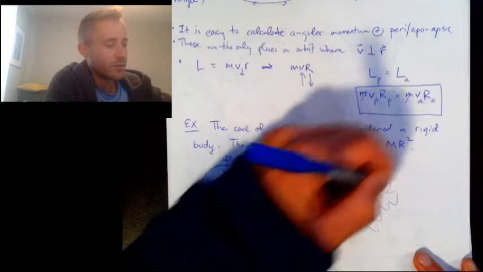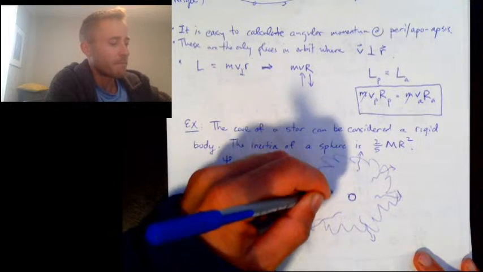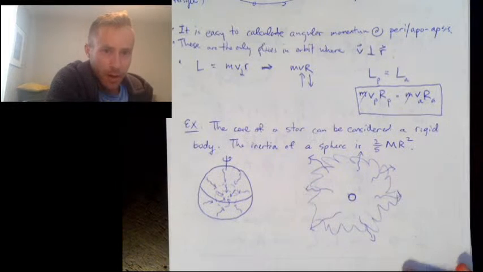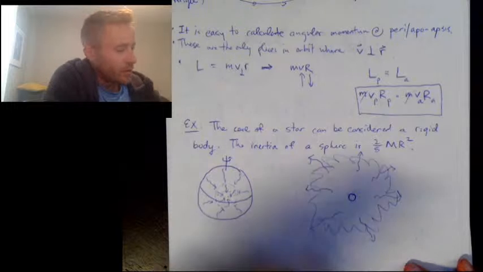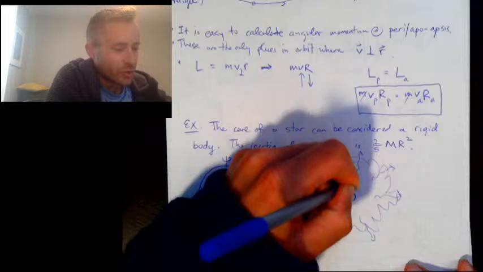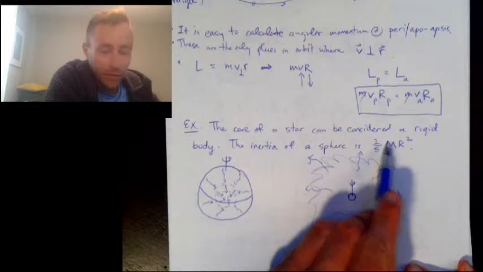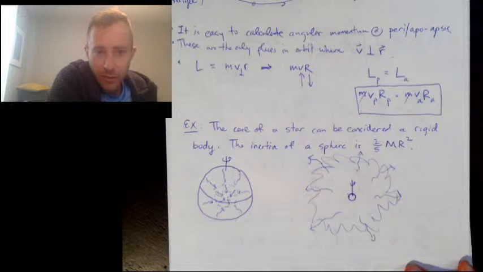That's called the supernova explosion. But if we look at it, the core got shrunk down. So its inertia went down, because the mass of the core didn't change, but the size of the core did change significantly.